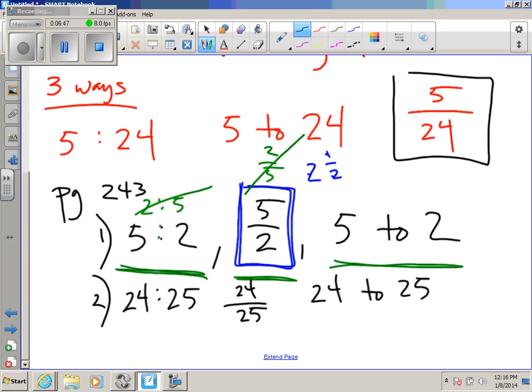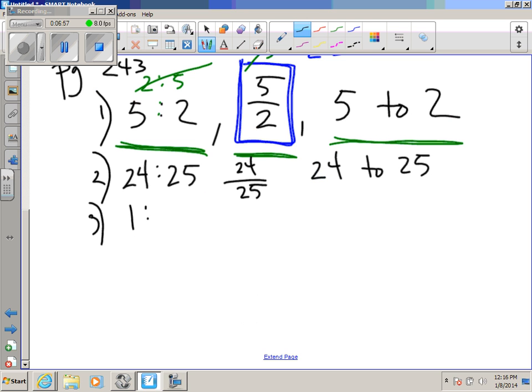Number 3, about 1 in every 4 people swims at least 6 times a year. Alex? One colon what? 1:4. 1 over 4. 1 to 4. Yes.